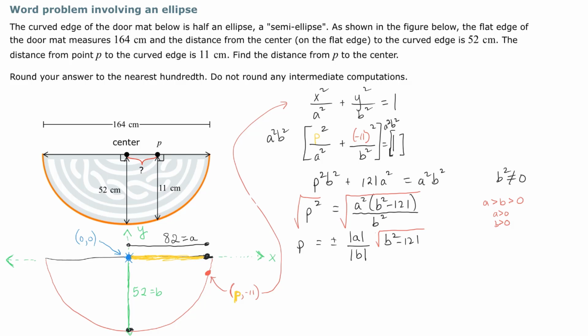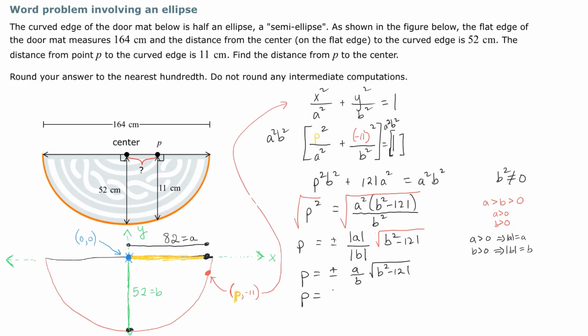Now it's very important that you note that a is greater than 0 and b is greater than 0. That implies that the absolute value of a is a, and that implies that the absolute value of b is b. So we got p is now equal to plus or minus a over b times the square root of b squared minus 121.